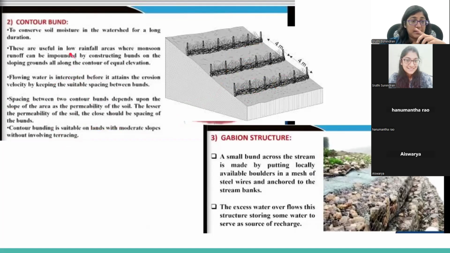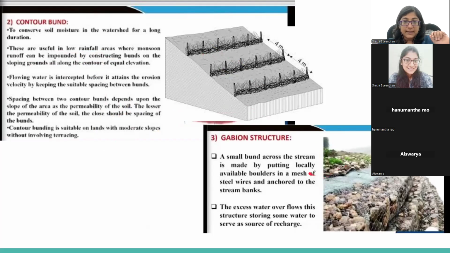Some key points here: contour bunds are appropriate in areas with low rainfall, moderate slopes, and where monsoon runoff can be impounded. The key point here is areas with low rainfall and moderate slopes. Also keep in mind that if the permeability of the soil is less, then the spacing between the two contour bunds will be closer.